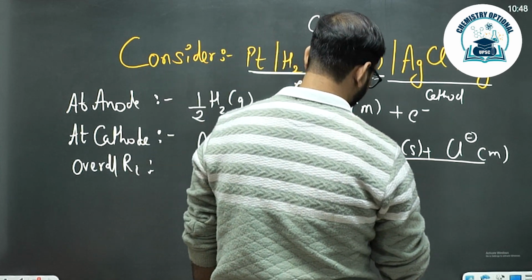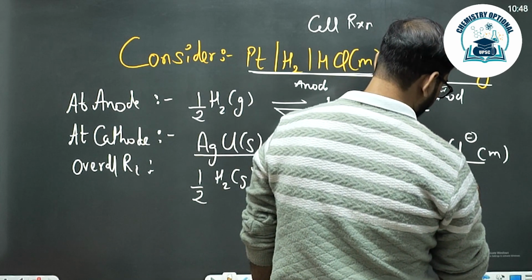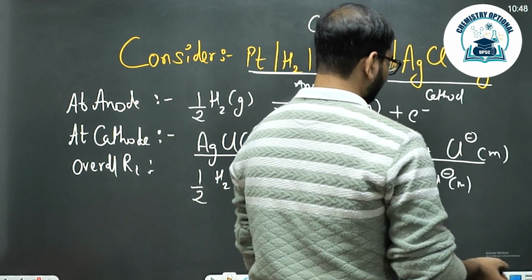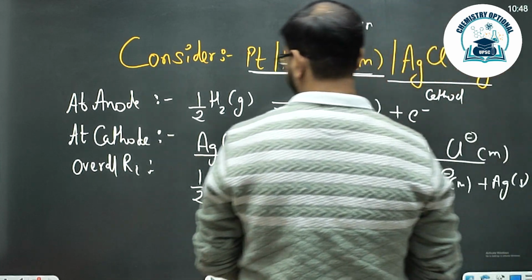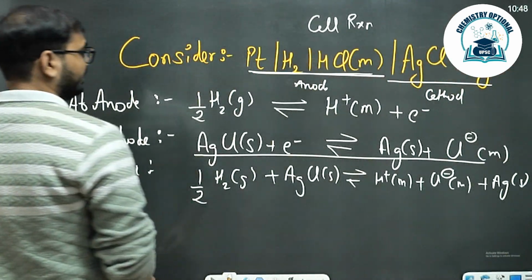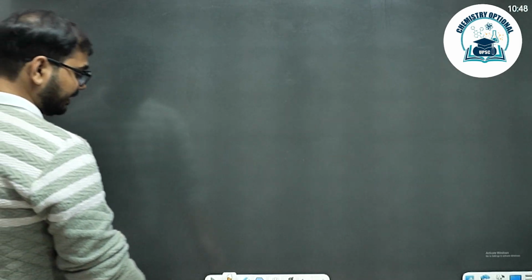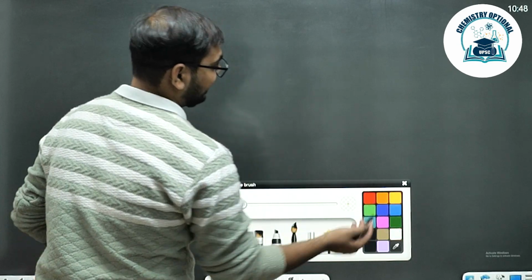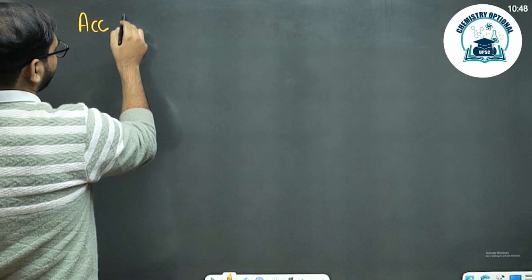Then we have H plus ions with some molar concentration, Cl minus with some molar concentration, and Ag in solid state. Since we need to find activity coefficient, we need to utilize activity, and the best equation where we can utilize activity of any species is the Nernst equation.